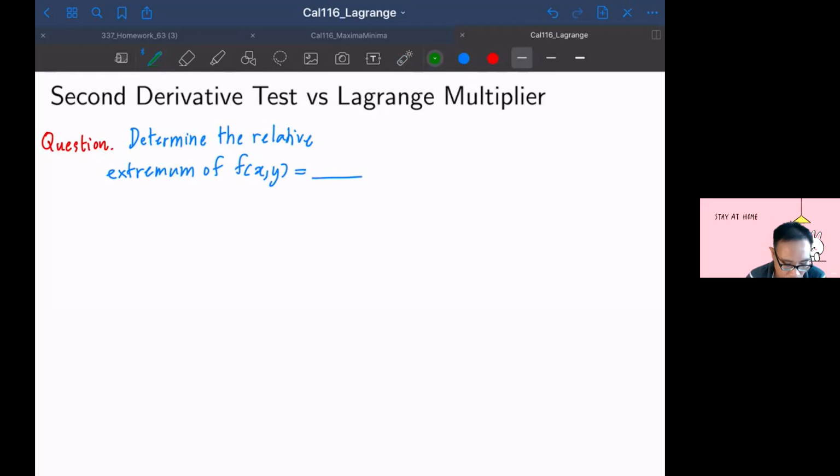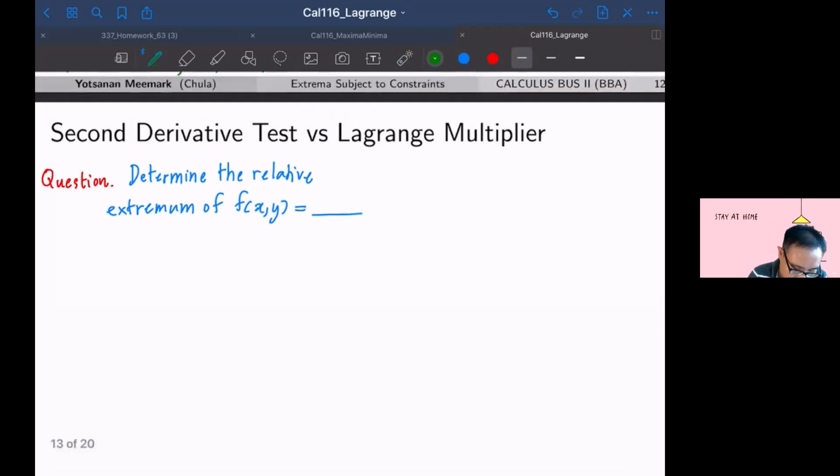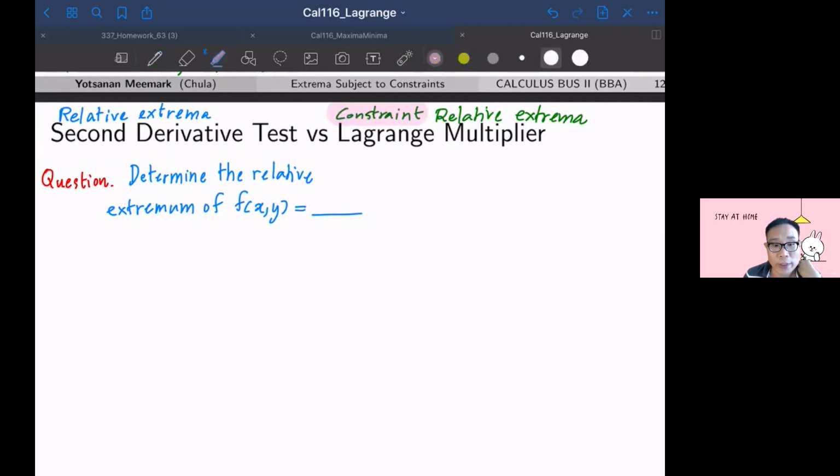The second one, for the second derivative test, is going to be: you're going to find the relative extrema of a function. However, the Lagrange multiplier is going to be: you have constrained relative extrema. Okay, so the difference turns out to be with constraint or without constraint.